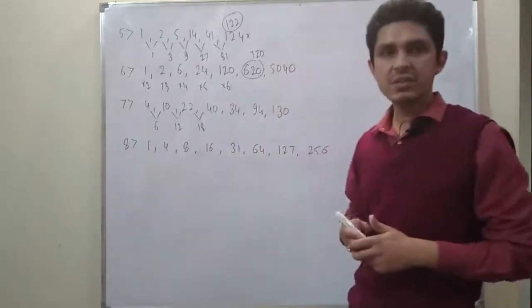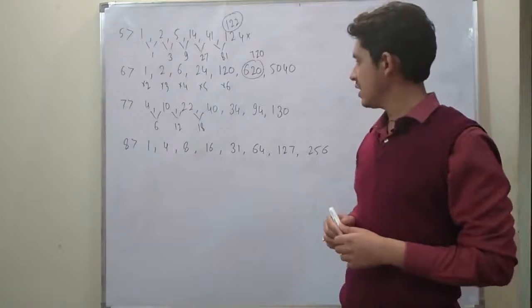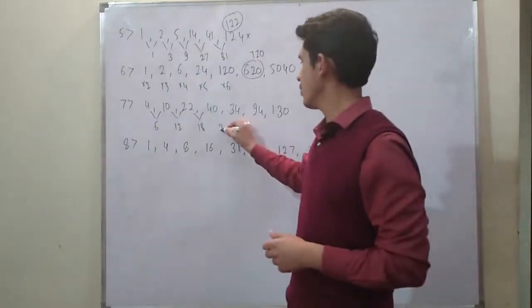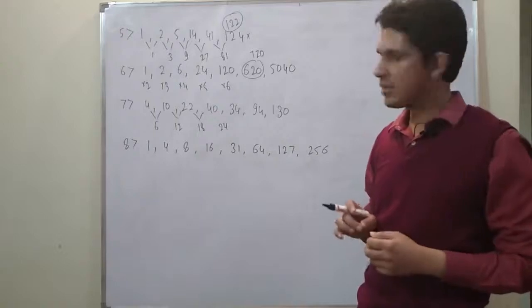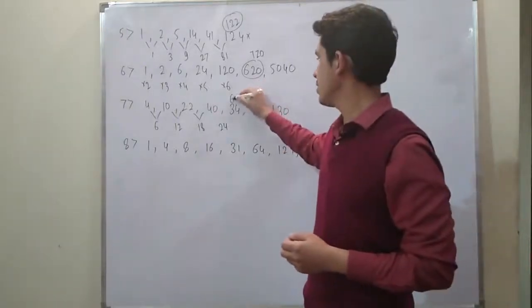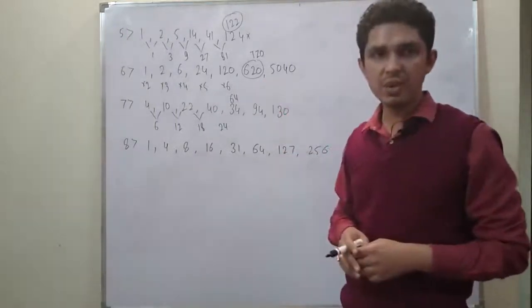That means the difference is 6, 12, 18, and thereafter the difference should be 24, right? And if we give the difference of 24, the number should be 64 here in the place of 34.